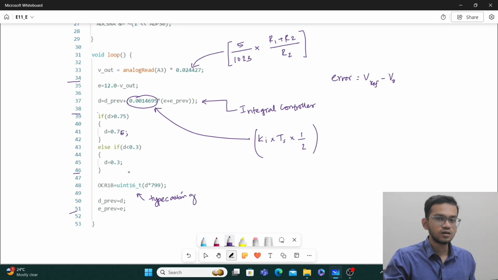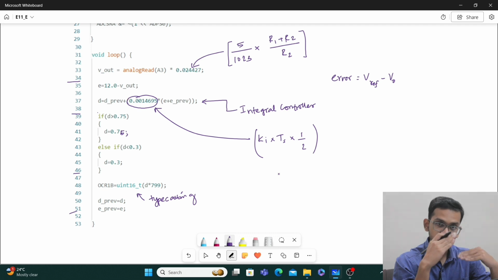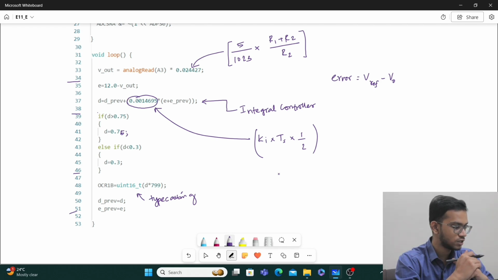and storing it. This process is also explained in one of the previous videos, where we have seen how the duty ratio, which lies between 0 and 1, is to be scaled between 0 to 800. And why 800? Even that we have seen earlier.